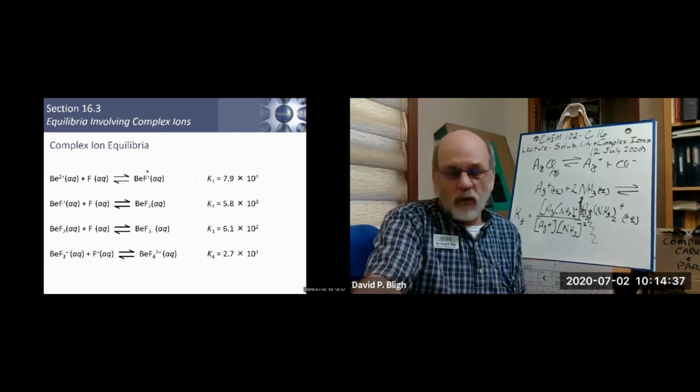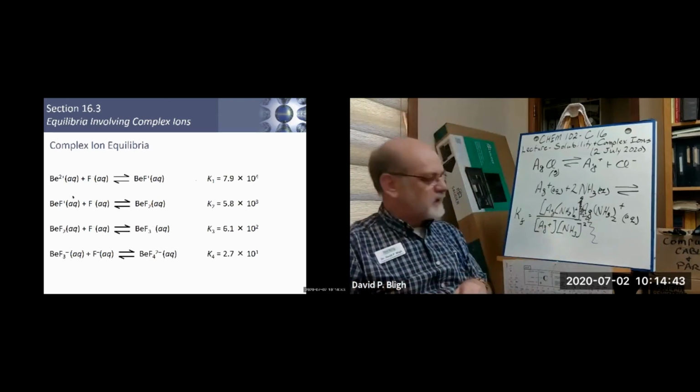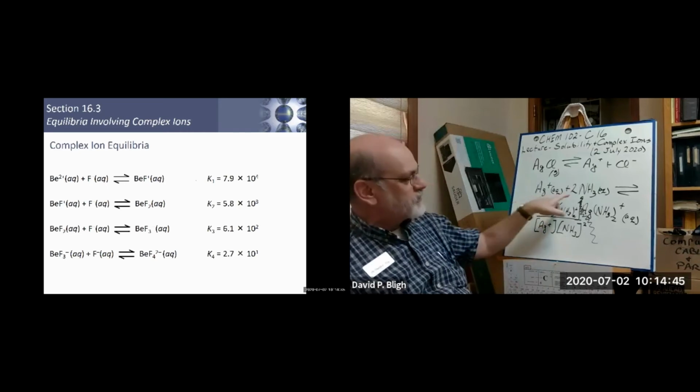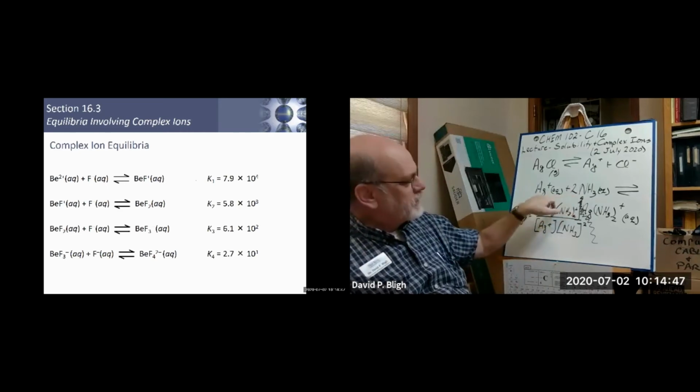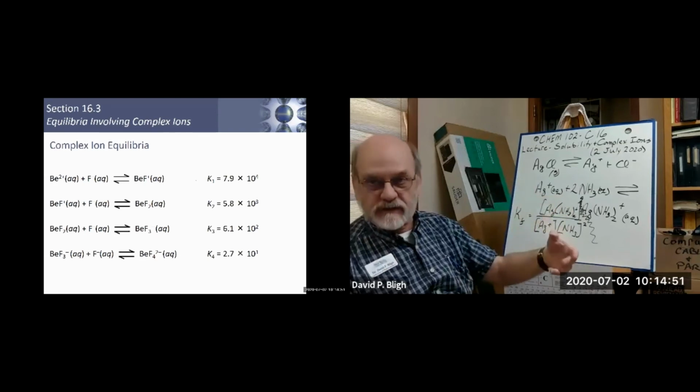So, what do we have? Well, the complex ions form in stages. Now, I wrote this one in terms of 2 ammonias attached to that 1 silver, but it happens in stages.